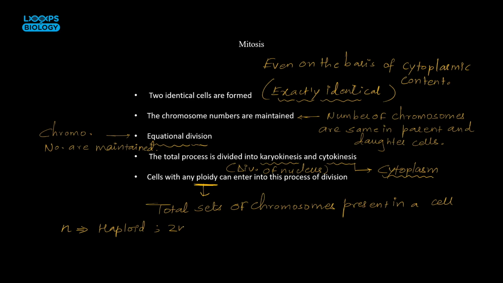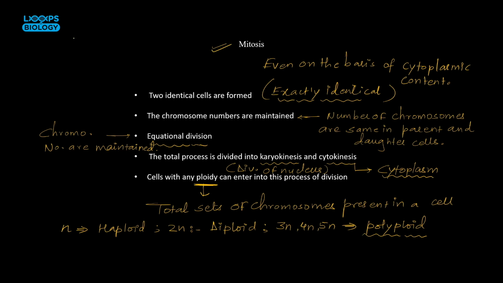If the set is 2, then there is a condition called as diploid. And if set is 3 or more, 3n, 4n, 5n, then there is going to be a case of polyploid. Alright, so these are one of the ploidy conditions of any cell. So these cells with any ploidy can enter into the particular process called as mitosis.